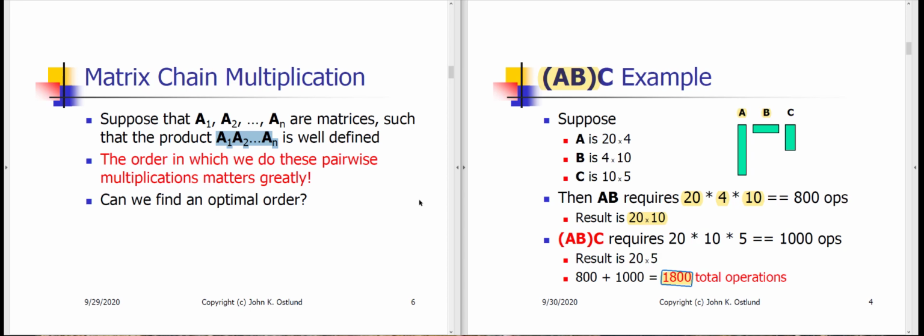That is, the number of columns of A1 is equal to the number of rows of A2, and the number of columns of A2 is equal to the number of rows of A3, etc. When we're done doing this product, we get a resulting matrix whose rows are the same as the number of rows in A1, and whose number of columns is the same as the number of columns in AN. We'd like to find an optimal order in which to do this multiplication of this chain of matrices.